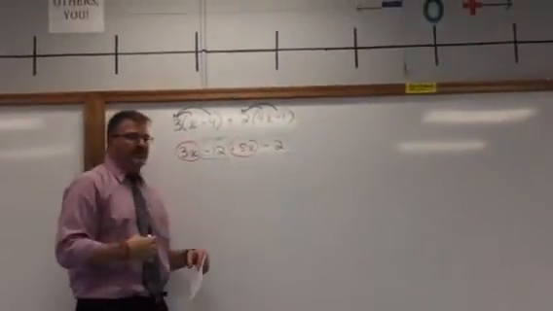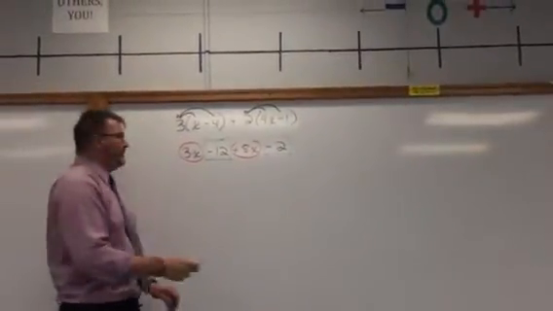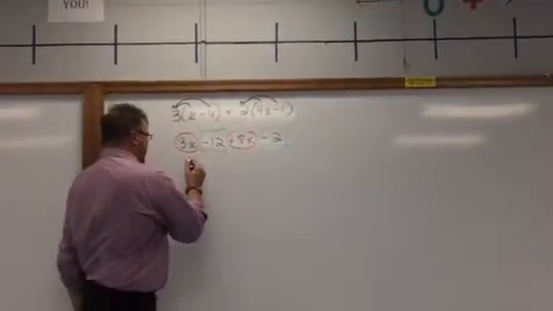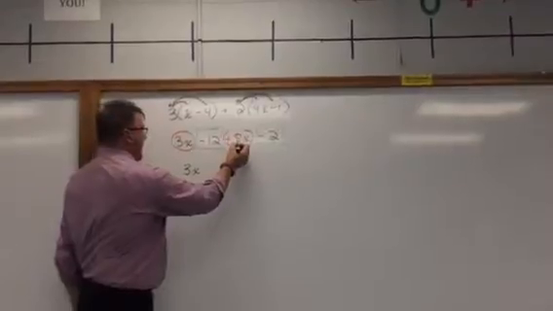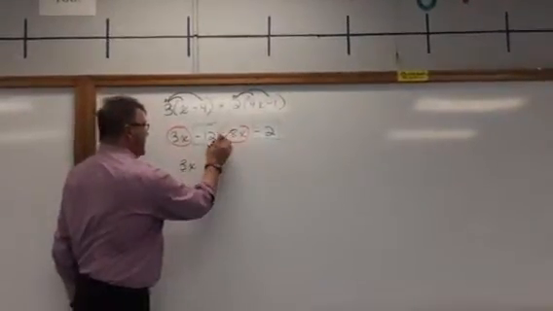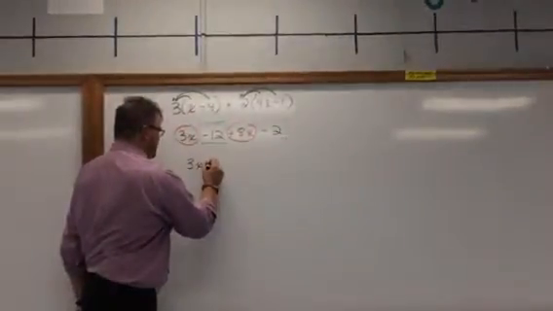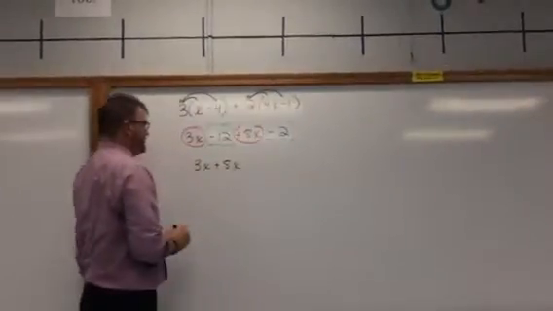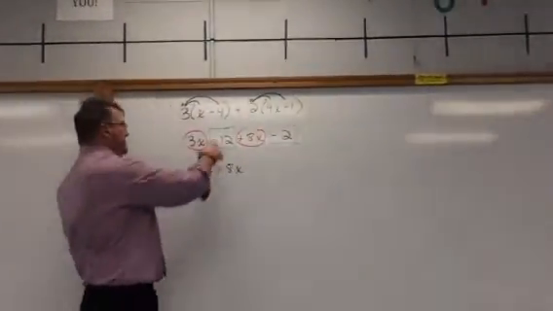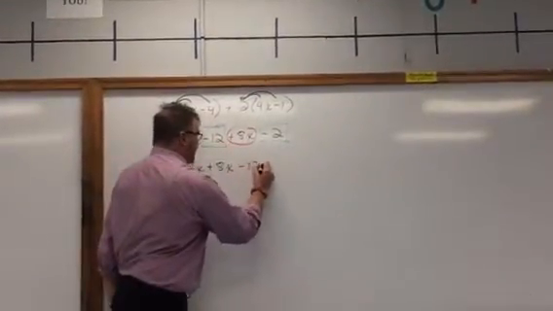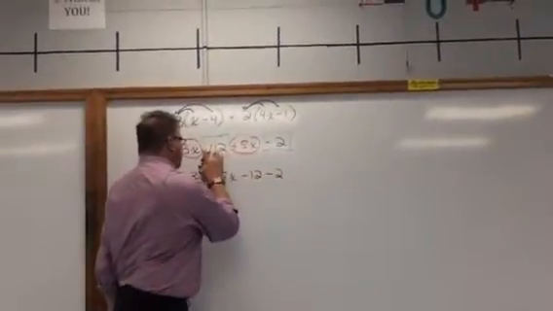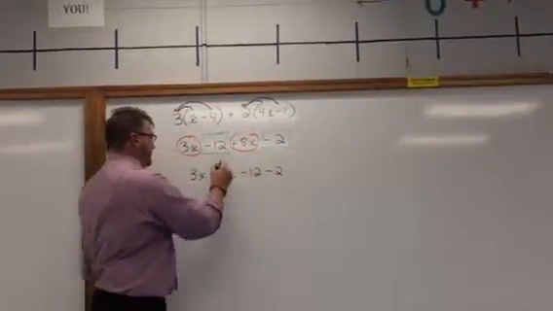I want the variables to be in the front just because that's the way I like it. So I'm going to leave my 3x because it's the first one. And here's my other variable term. It's got a plus with it. So it comes as plus 8x. And what's left? Just my constants. And all I got to do is make sure the sign in front of the term travels with it.